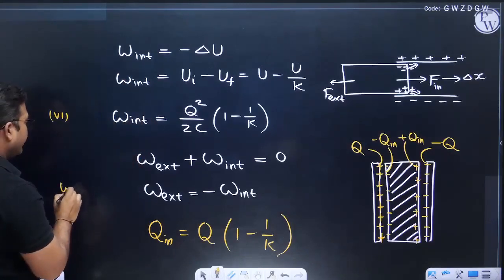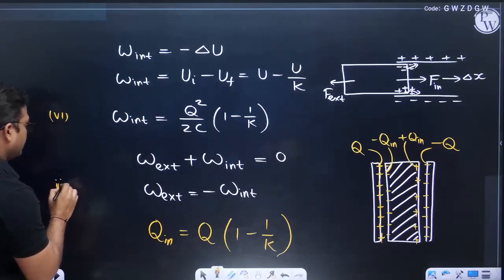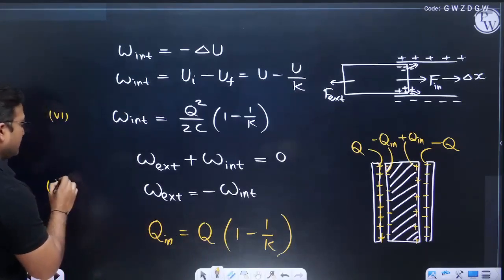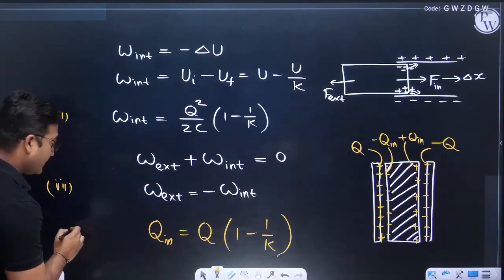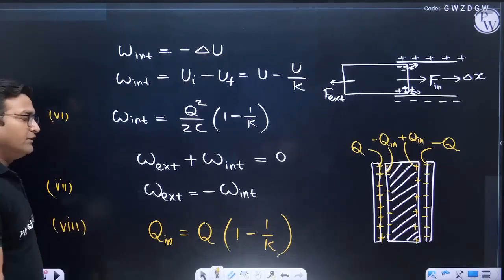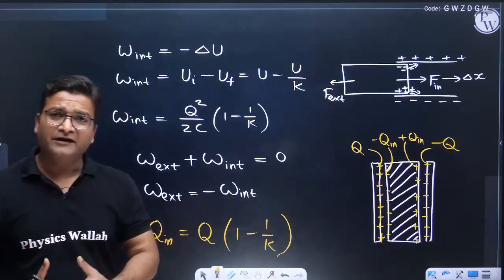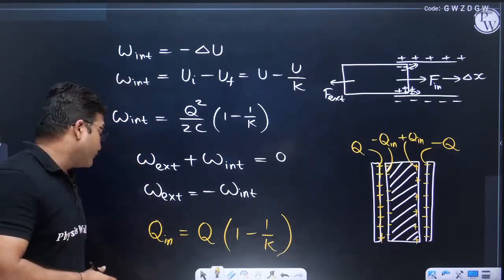Work done by external force is given by this, and induced charge on the surface of the dielectric slab is this. So these are a few fundamentals related to this, and they will help you a lot in solving many problems.